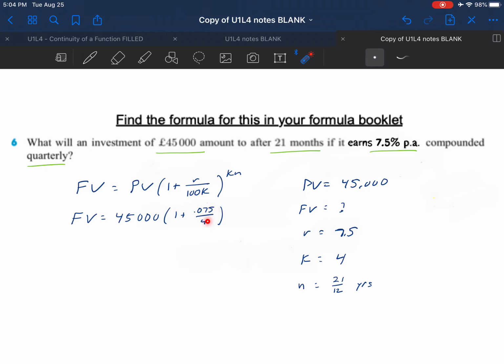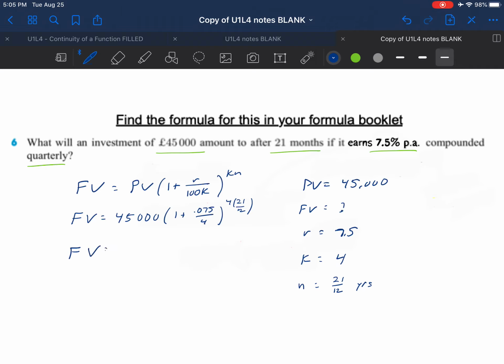So that 7.5% is going to be cut into 4 equal parts, and it's going to be paid 4 times a year. So the number of times that's actually paid, that 7.5 over 4 is K, which is 4, times 21 over 12. Okay, so let's clean this up a little bit.